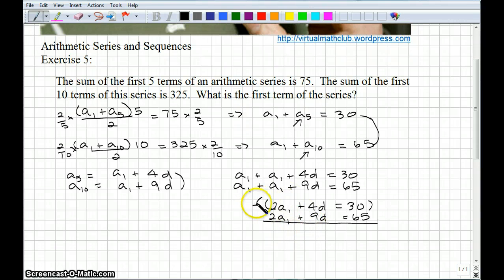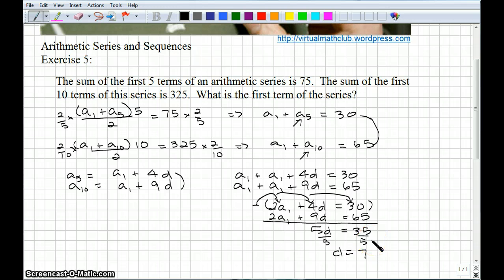I have to distribute this minus sign among everything, including the other side of the equal sign. I'm subtracting the top one from the bottom one. So as I subtract 4d from 9d, I get 5d. 65 minus 30 is 35. Then I solve for d by dividing by 5, and d is equal to 7.